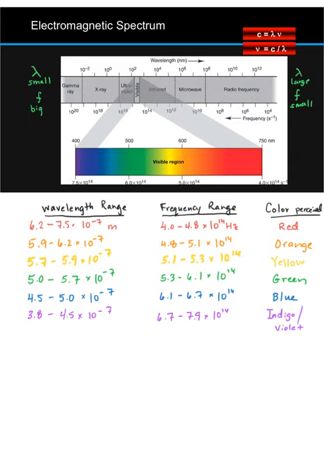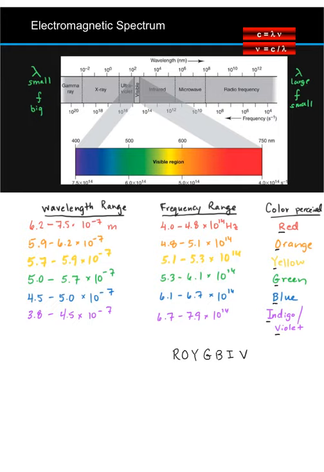All told, we can remember this order of visible light by the first letters of this sequence: R, O, Y, G, B, I, V, or Roy G. Biv helps us remember the order in which visible light is patterned.